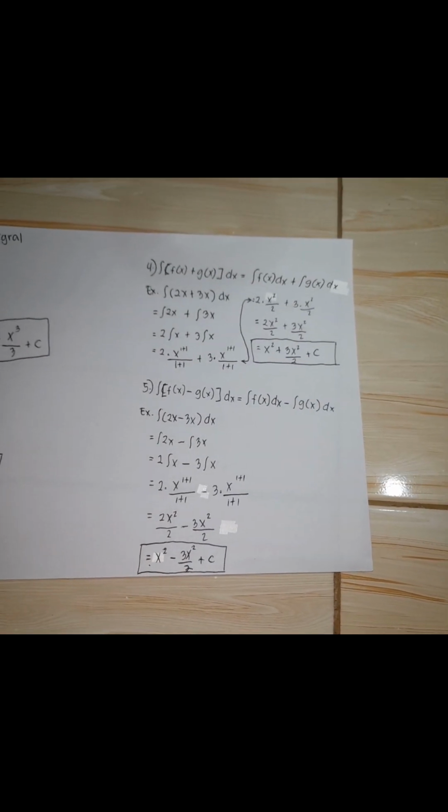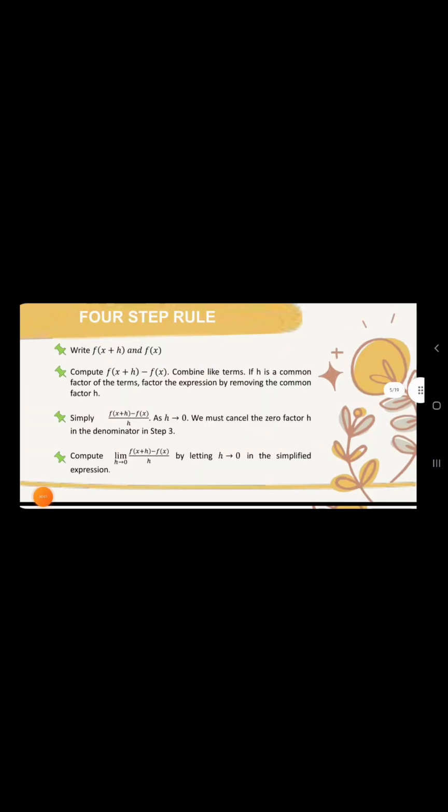So this is for the integration, and let's proceed to the 4-step rule. Step 1: write f of x plus h and f of x. Step 2: compute f of x plus h minus f of x, combine like terms.